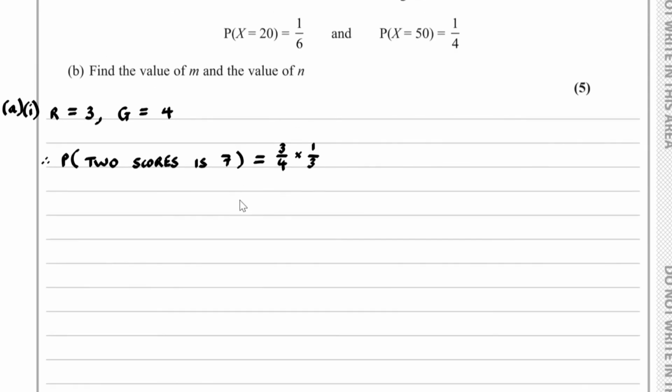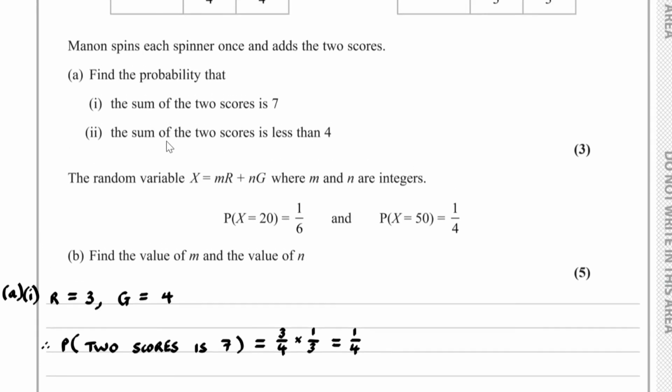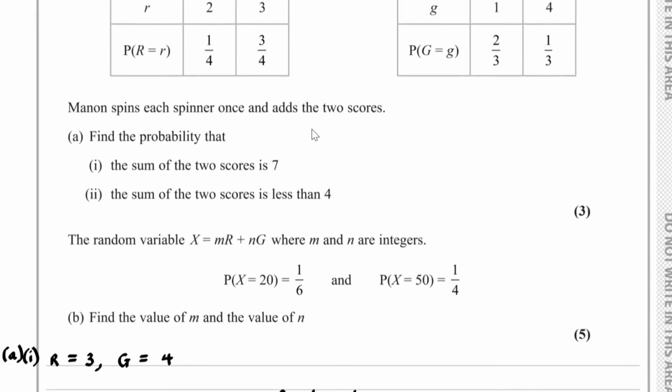And therefore, the probability that the two scores is 7 is equal to 1/4. Then we have to find that the sum of the two scores is less than 4.